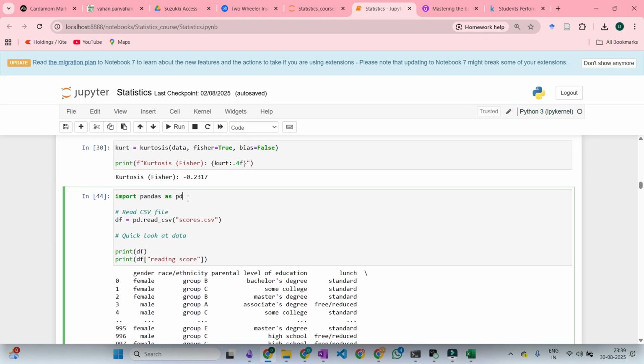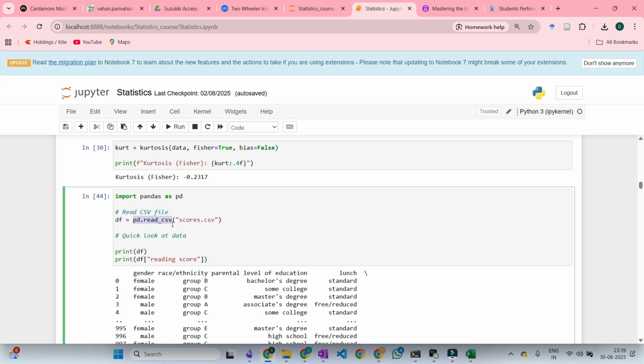Throughout, I am going to introduce you to pandas. Throughout the course, it will be beneficial for you. So I am importing this pandas library as pd. This pandas library helps us to extract data and visualize data. That means you can import a CSV file. I am using this command, pd.read_csv.